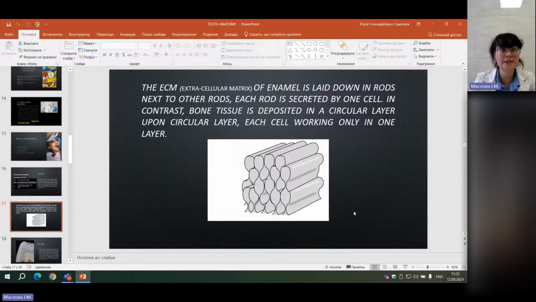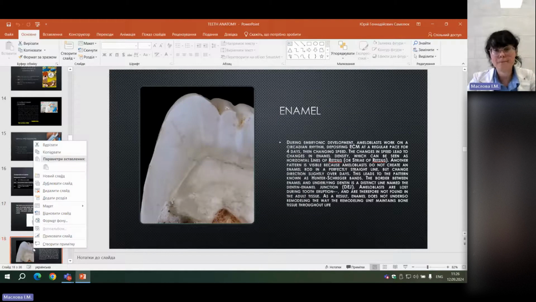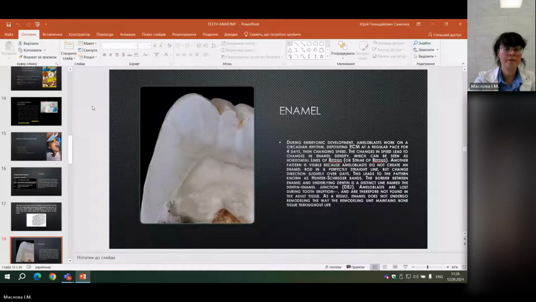These two processes exist after tooth eruption, when you can see the crown of each tooth in the oral cavity. And these processes, mineralization, are supported by saliva. On this photo, you can see the enamel. It is an image from a microscope.